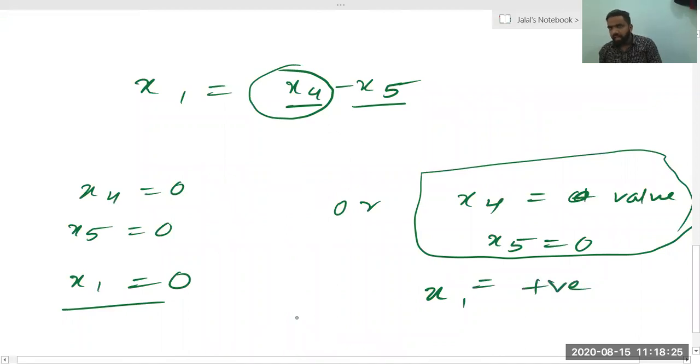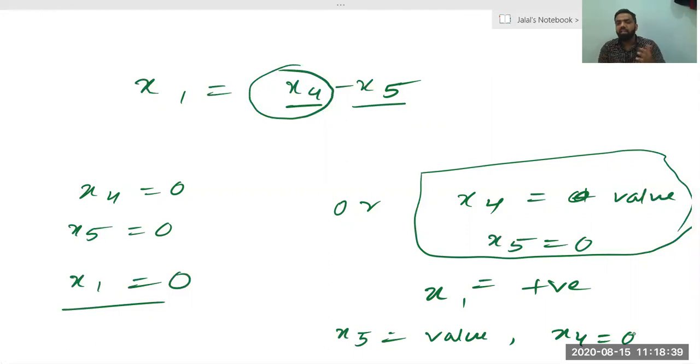And if you are getting x5 equal to some value, then automatically remember x4 will be equal to 0. In the final iteration, this is bound to happen. I am not saying in the initial iteration. In the initial iteration, one was the reverse of the other, which is totally okay. But when you get to the final iteration, for both the variables which are part of an unrestricted variable, if one Zj minus Cj value is coming, automatically the second will be 0. That is what I want to tell you.